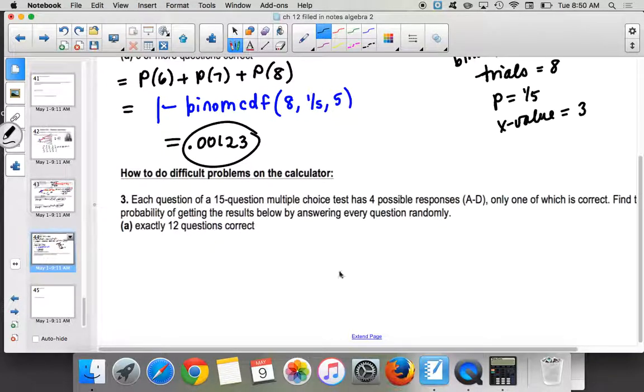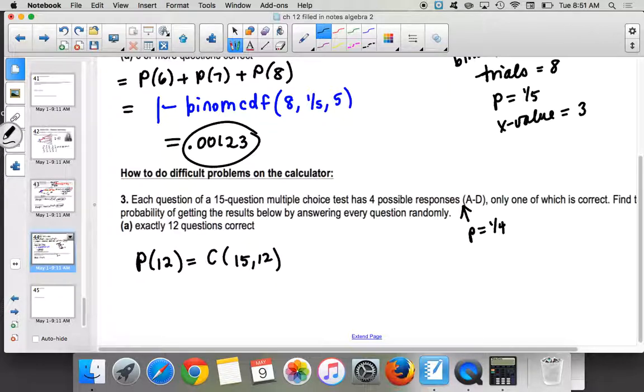So it says each question of a 15-question multiple choice has 4 possible responses. So what's the probability of getting each one right now? 1/4, not 1/5. Only one of which is correct. Find the probability of getting the results below by answering every question randomly. So the probability of getting exactly 12 questions correct is going to be C, 15, choose 12.